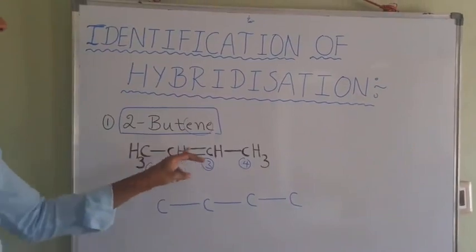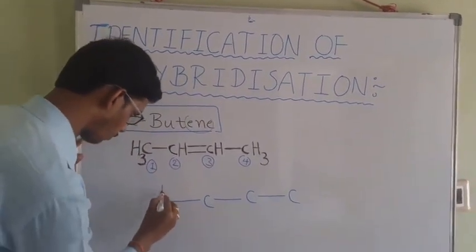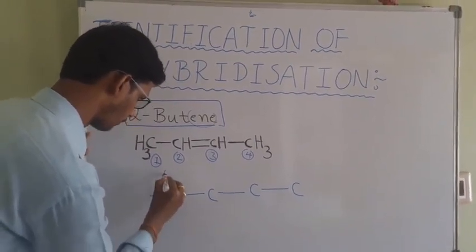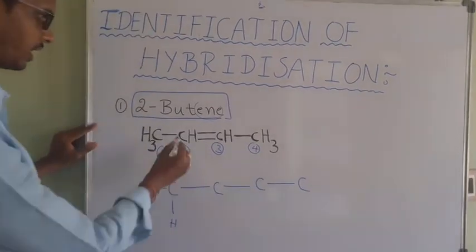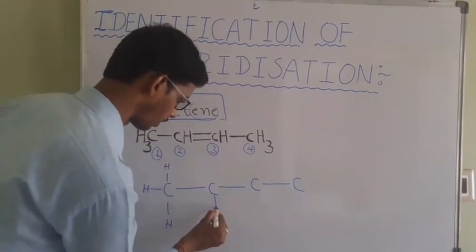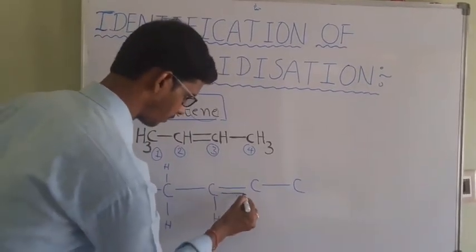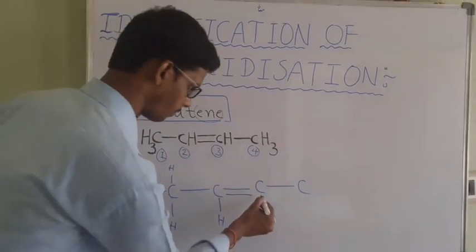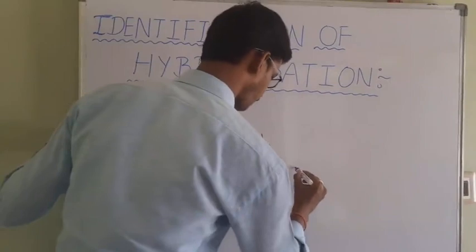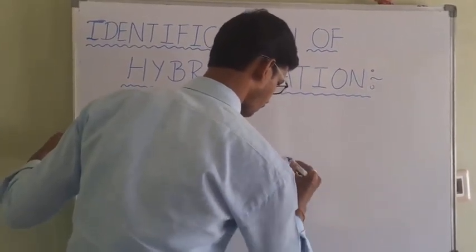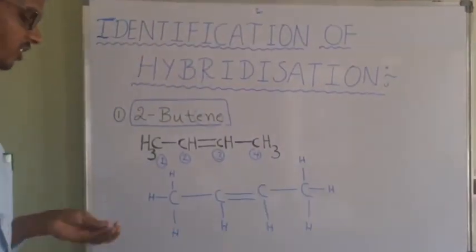These are the 4 carbon atoms, let us expand them. 3 hydrogens on the first carbon, then only 1 hydrogen on the next carbon, then the double bond, then 1 hydrogen, then CH3. This is the elaborated structure.